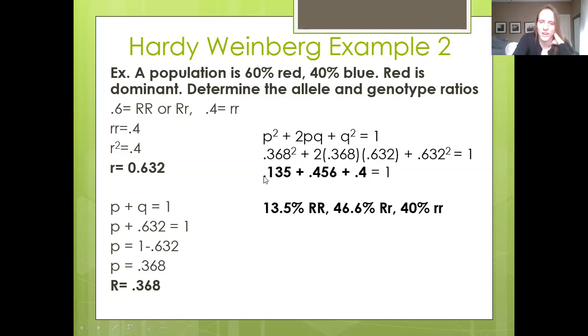Okay, but because it asked for all three, I can say that 0.135 or 13.5% are homozygous dominant, 0.456 or 45.6% are heterozygous, and 0.4 or 40% are homozygous recessive.